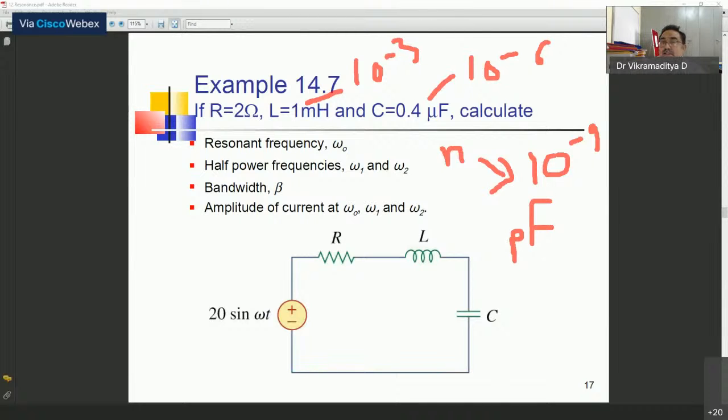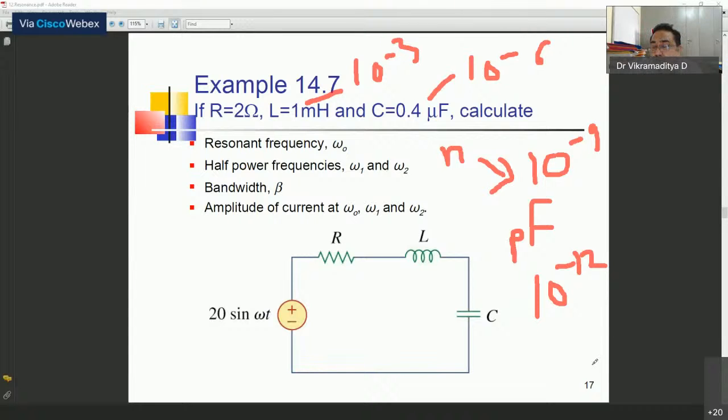Can anybody tell me in the chat box what this p represents? Not 10 raised to power 12, it is 10 raised to power minus 12. So picofarad is 10 raised to power minus 12. So be cautious about these numerical values.